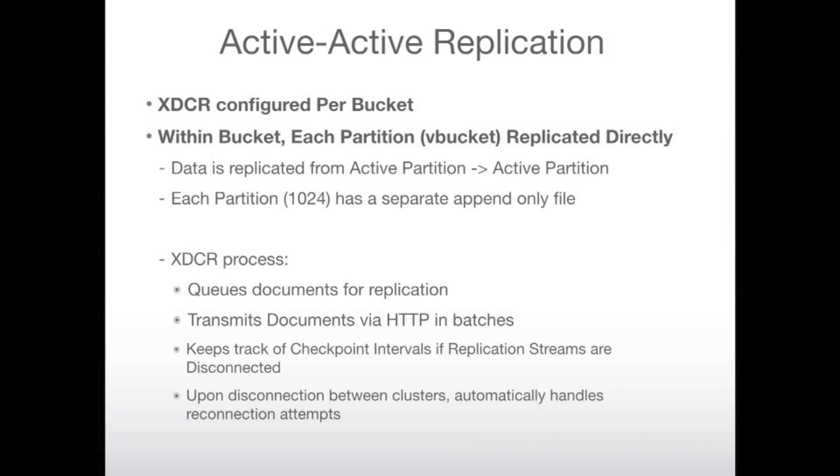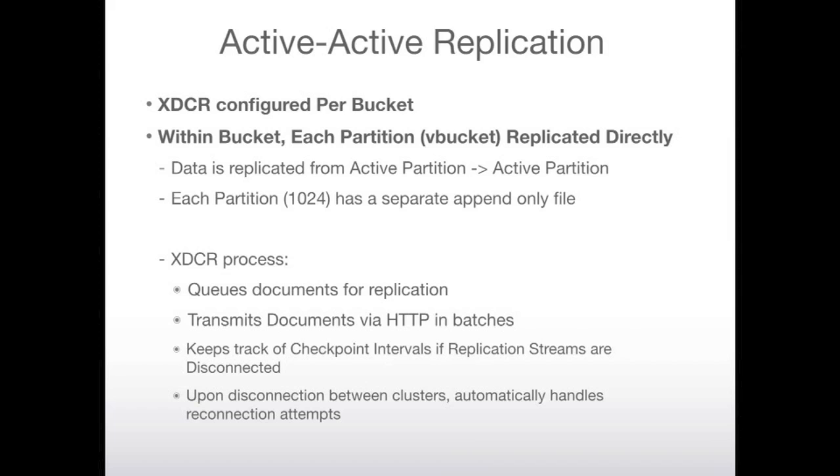What we do is an active replication. For those of you that attended Couchbase 101, we partition our data into 1024 partitions, and if we also configure replicas for failover, for a single replica there are 1024 replicas.